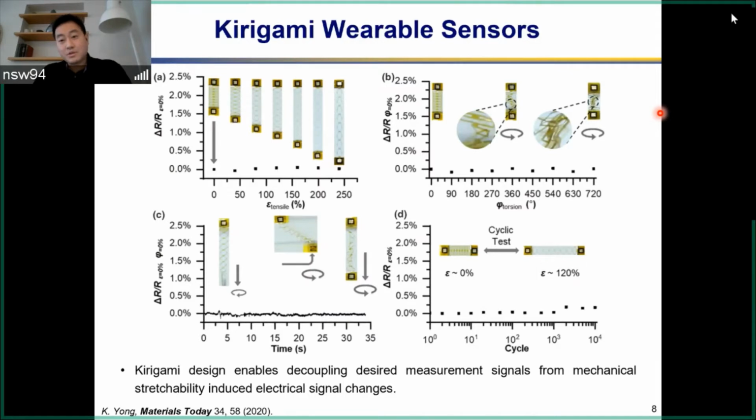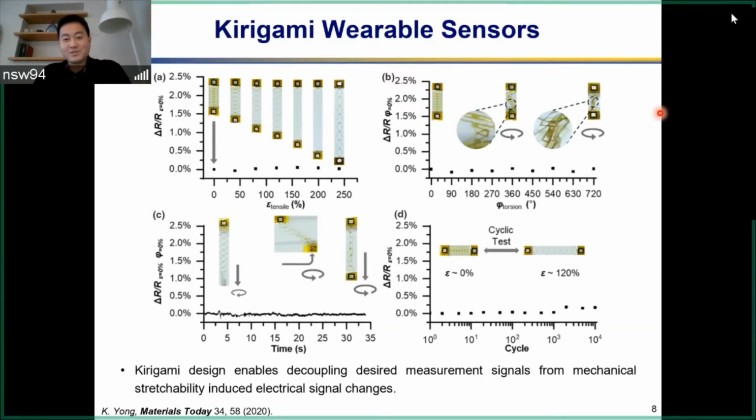So panel B, I'm showing you the turns. So you can grab it, you turn it 1 and 2 turns. So 720 degrees torsional deformation, same thing. We're not seeing any changes in resistance. There's some fluctuations, but nothing consistently going up or down. And you can do mixed mode, that's our panel C. That's a real-time measurement. Whatever you do, stretch, twist, quite interesting.